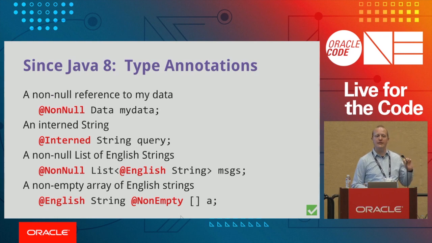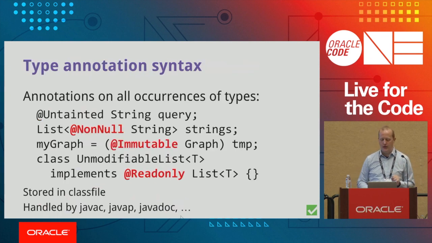So you always write a type use annotation to the left of the type that you're annotating. And this is possible in every possible location of a type use. So not just on declarations, types in declarations, but also in casts, in implements clauses. So all possible types in your program can now be annotated and that's what we need for the type systems.